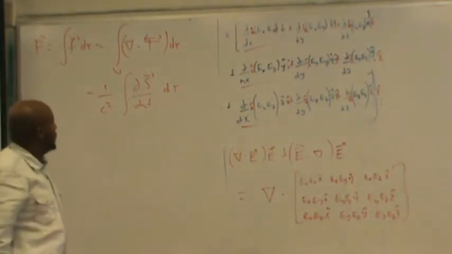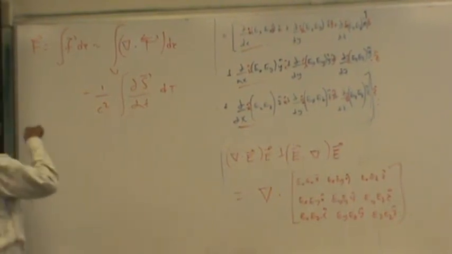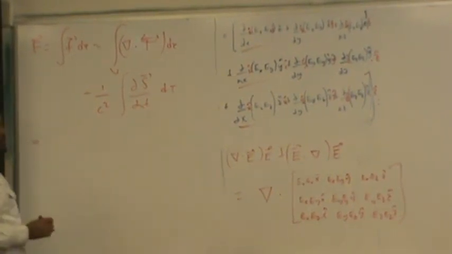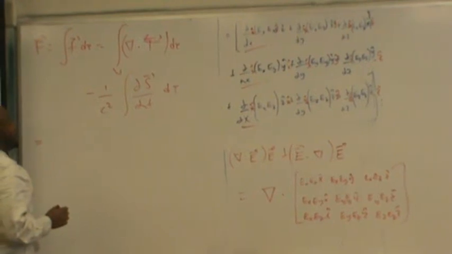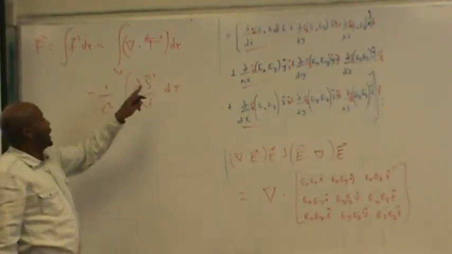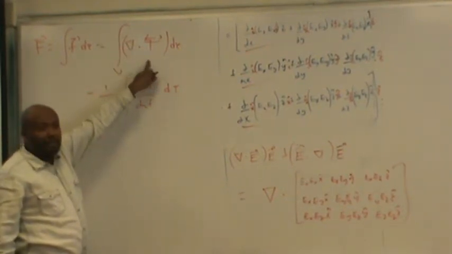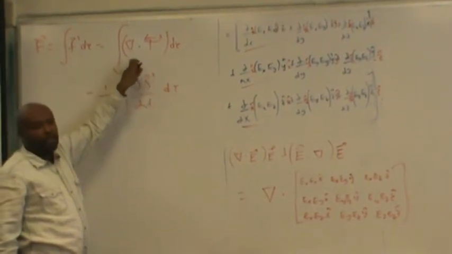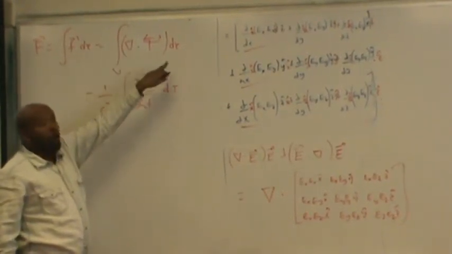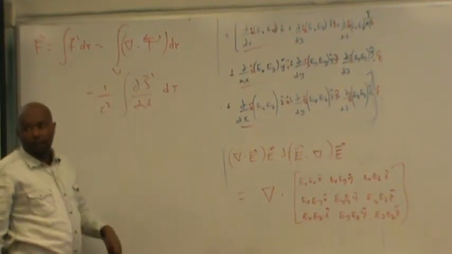All right. So here, what can you do here? You have a divergence not of a vector, but of a tensor. The divergence of a tensor over the volume. So I can write this as what?